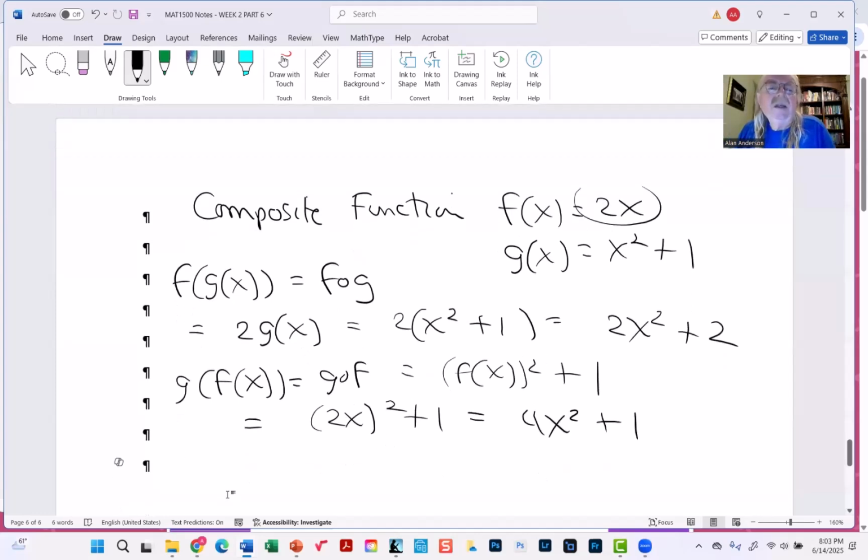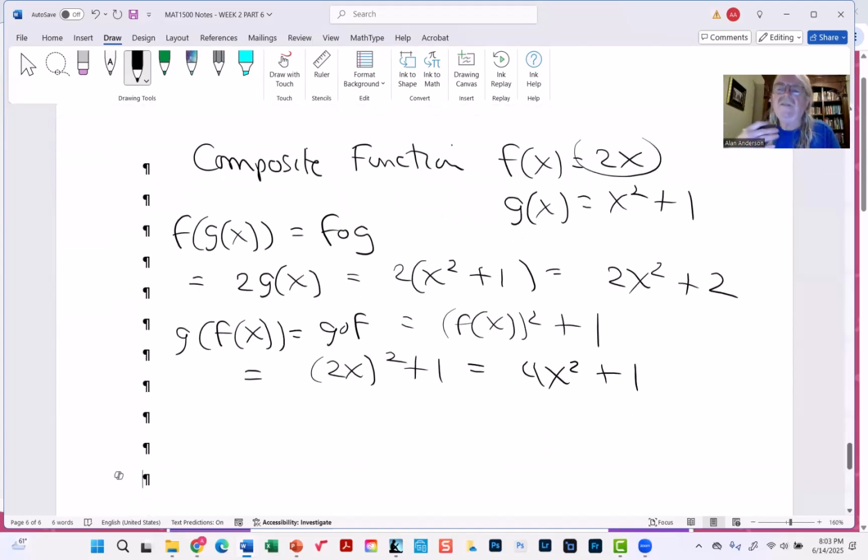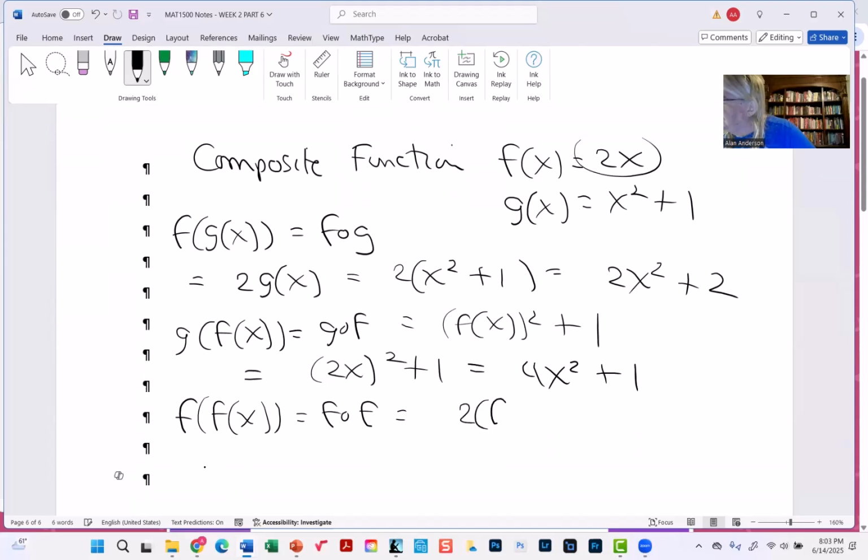All right. Now, by the way, you can also have a composite function of a function with itself. You could, for example, have this. Wherever there's an x, you're going to replace it with f of x.